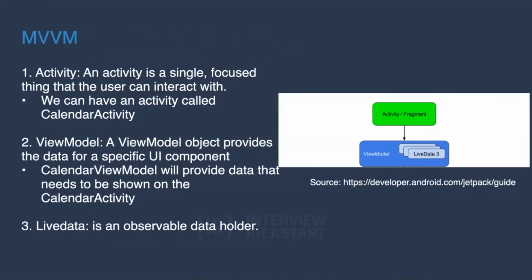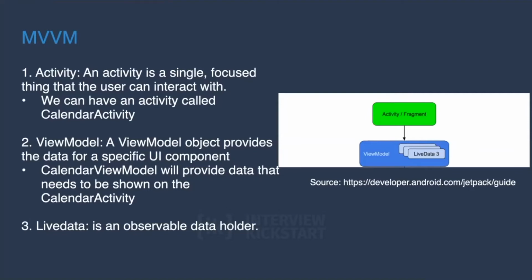All right, so now let's go to the MVVM we just started talking about. So what is MVVM? MVVM is model view view model. In the MVVM design, the first thing you will have is the activity or fragment.